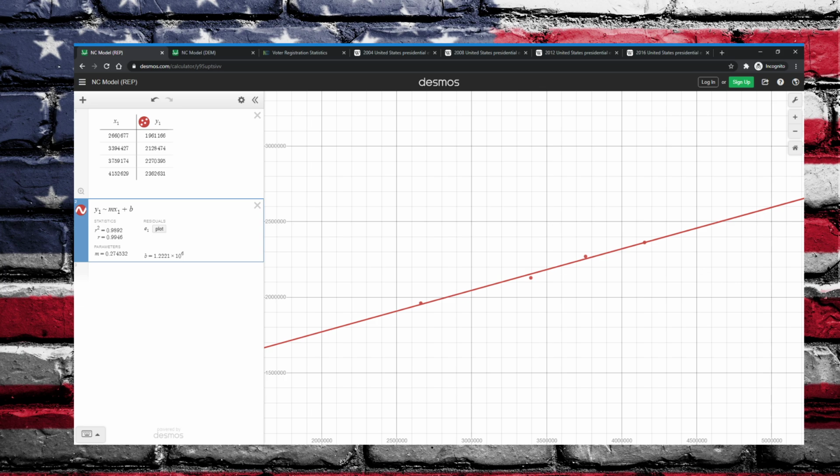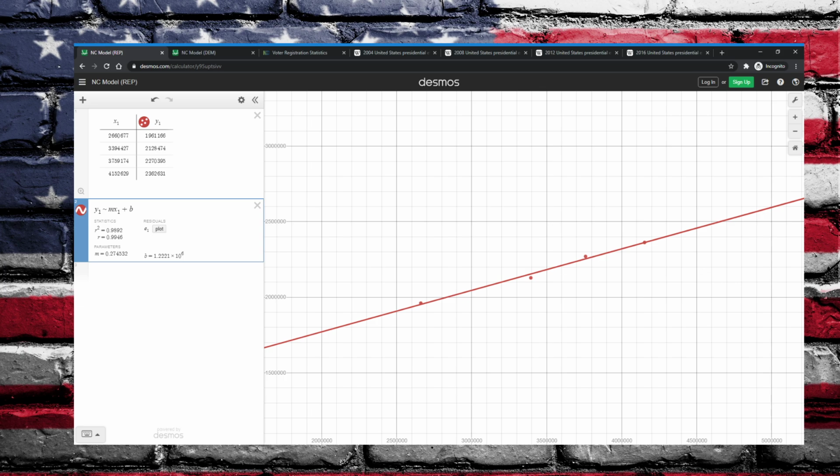How many total votes did a candidate get from a party? And this model is actually a very good model when you look deep into it. So we're going to start with the Republican model.